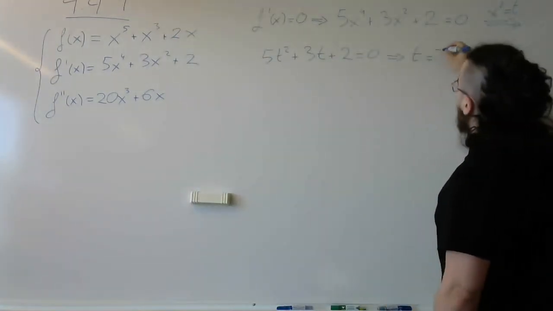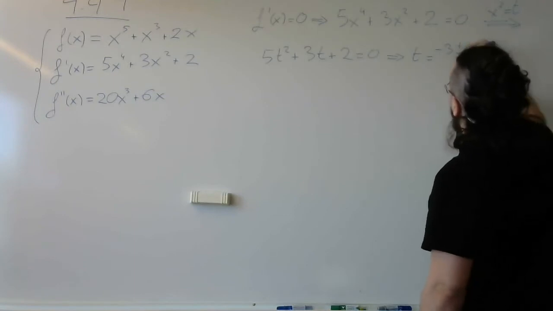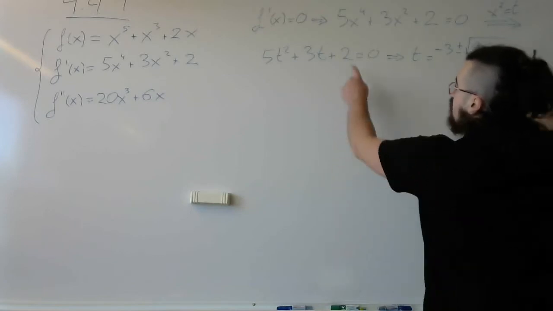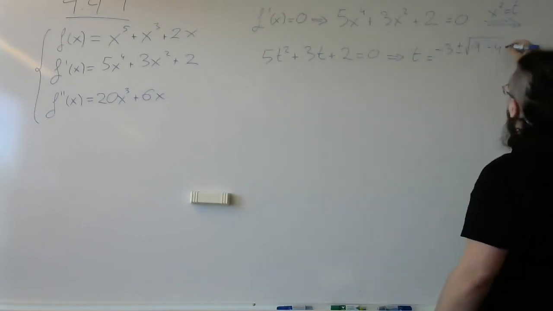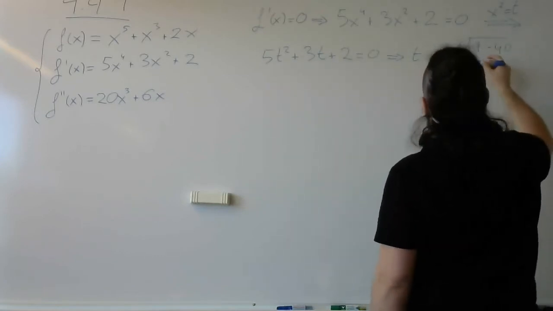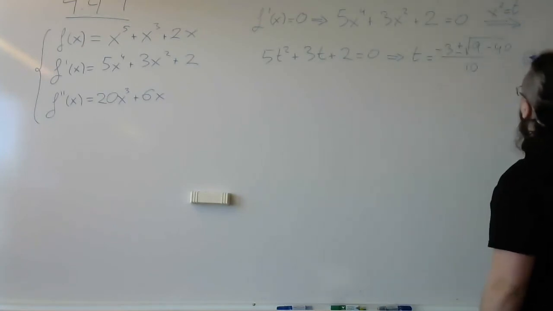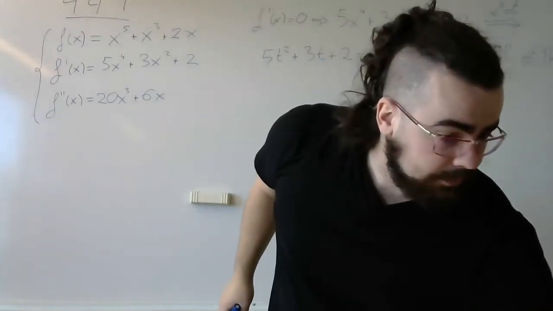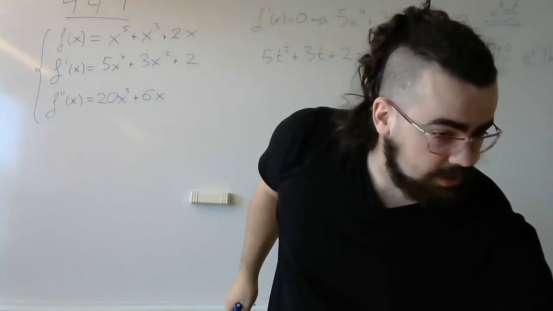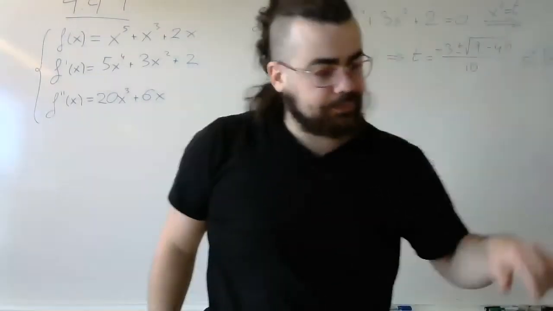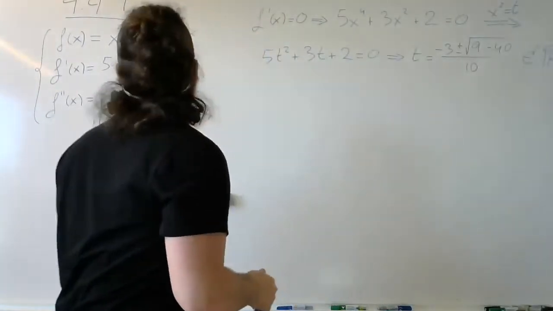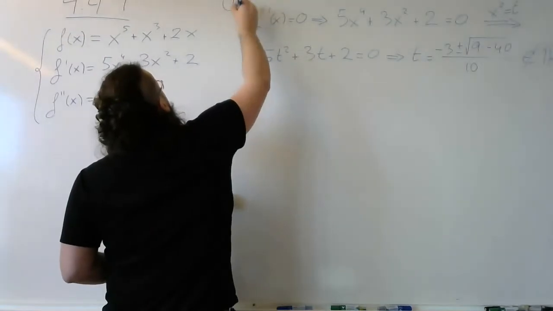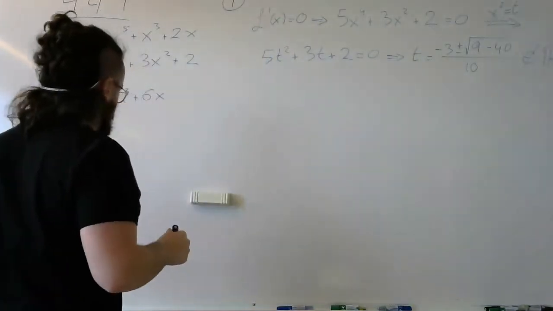So t here is minus 3 plus minus the square root of 9 minus 40 divided by 10. So possible relative extremes don't happen here, which is good.